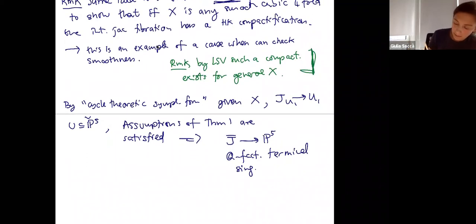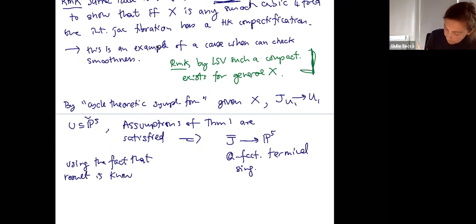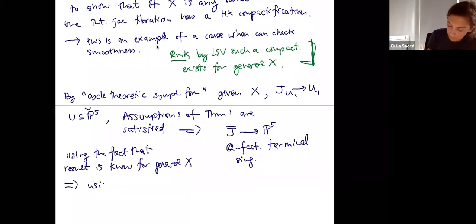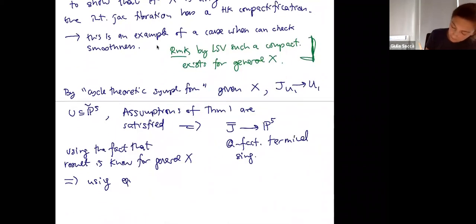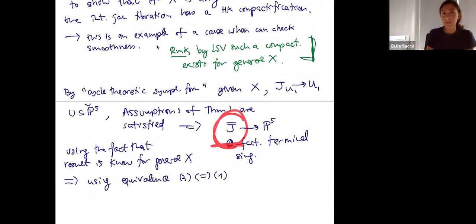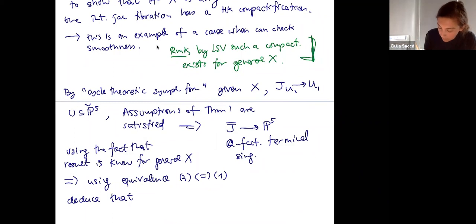But using the fact that the result is known for general X, meaning that you can compactify to a hyperkähler, you deduce using the equivalence of 3 and 1, meaning that this is smoothable if and only if it's smooth, that J bar is actually smooth.